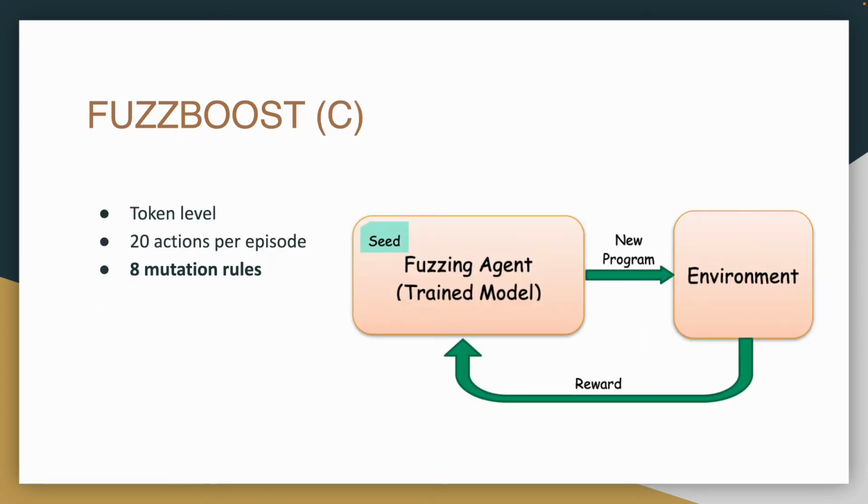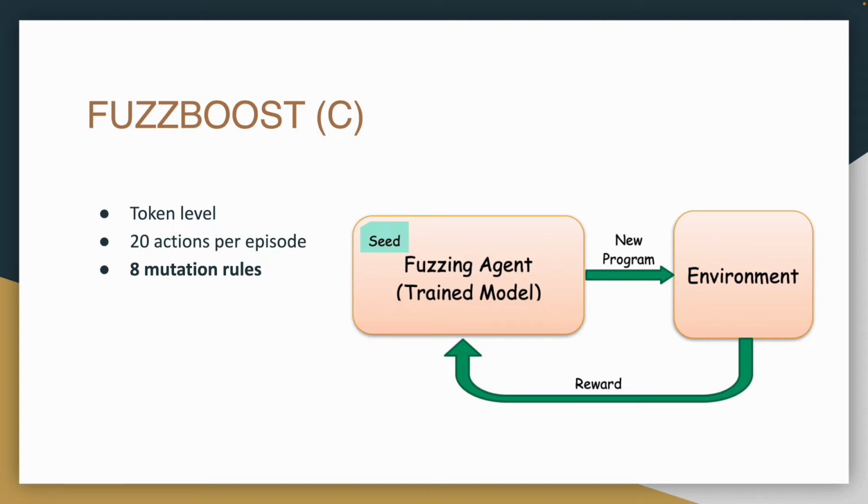So like I said before, in this work, we are going to focus on the C programming language and the corresponding compiler fuzzing issues. And in this study, our designed mutations are performed on the token level, which include a couple of designed actions, and those mutation rules conform with the C language lexical requirements, which I will talk about later.